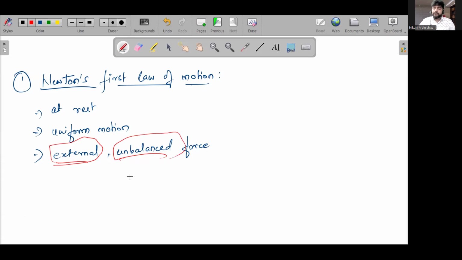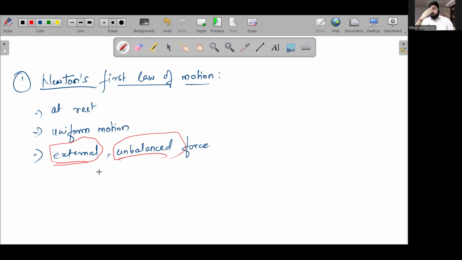Similarly, balanced force can have no effect on the state of motion. Unbalanced force can have it. All the curious minds here, please go and search about balanced and unbalanced forces if you do not recall it. But this is something that is there in grade 6th, grade 7th, grade 8th. So if you do not recall, go and search about it. You'll recall. It's a very easy concept.